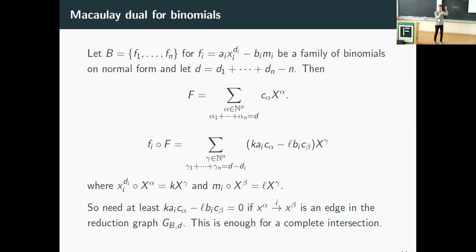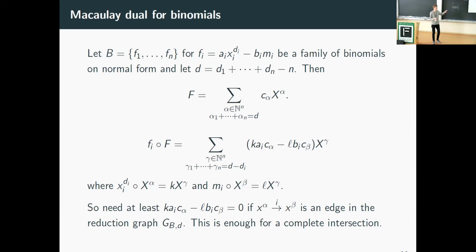If we can divide it by xi to the di, then we do that, and then multiply again by mi, then we get the beta. But this was exactly the procedure that determined edges in the reduction graph. So we see that we need at least this equality for every I-labeled edge in the reduction graph.